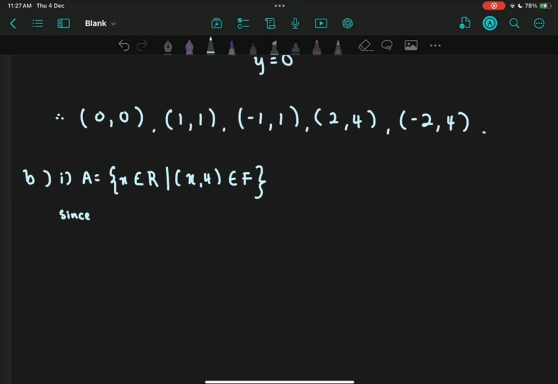As x squared equals 4, we take the square root, so we will get x equals positive or negative 2. Therefore, A equals {-2, 2}.